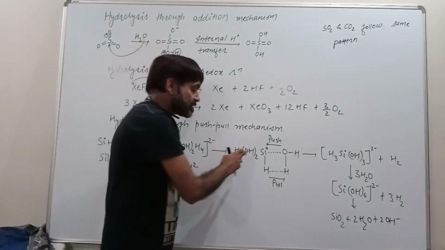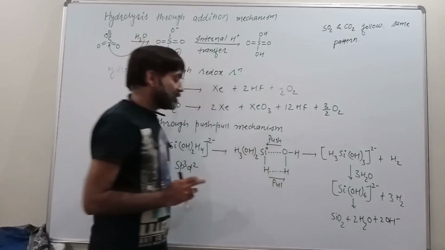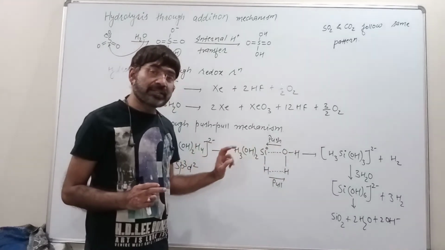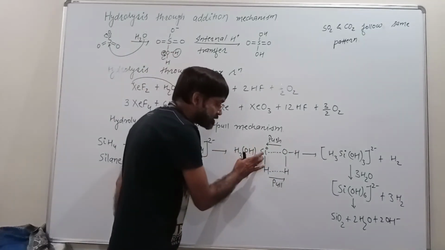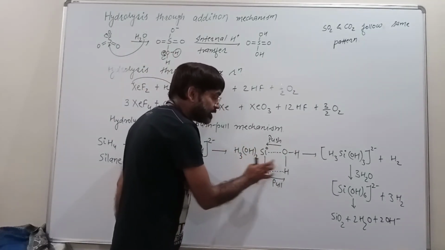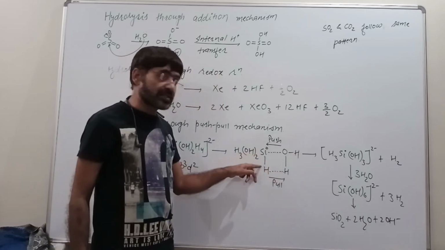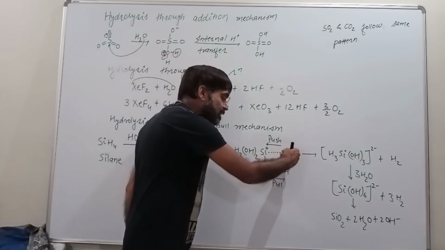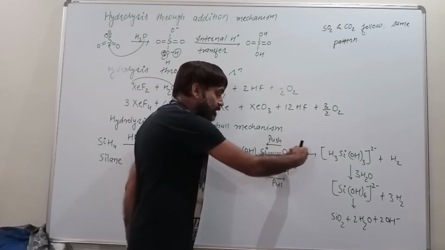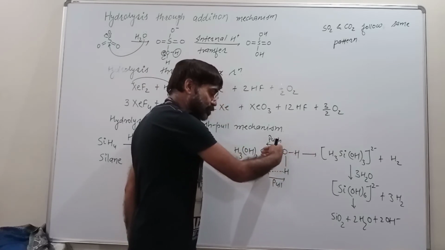So in what way does silicon create space for accommodating this molecule of water? It starts releasing this H. And this H positive of water starts pulling this H of silicon. So the O of water is pushing silicon to create space.